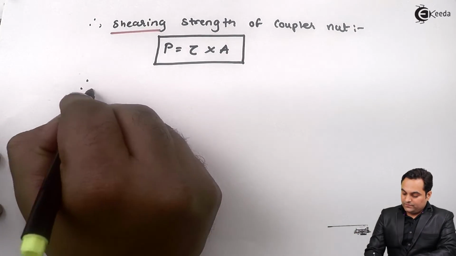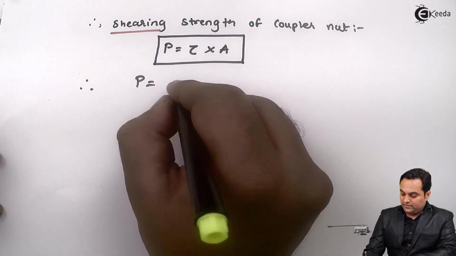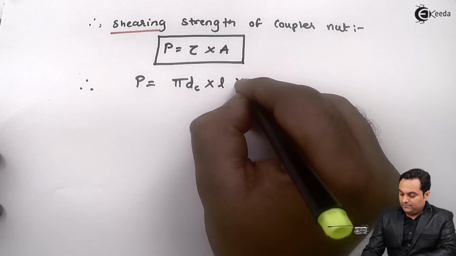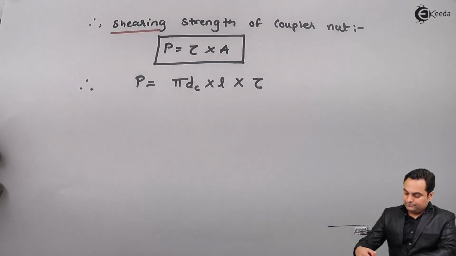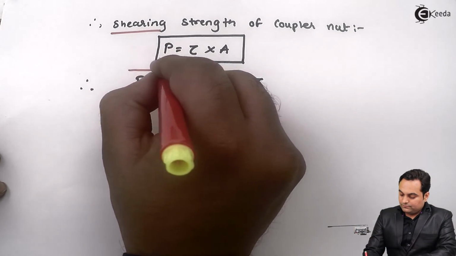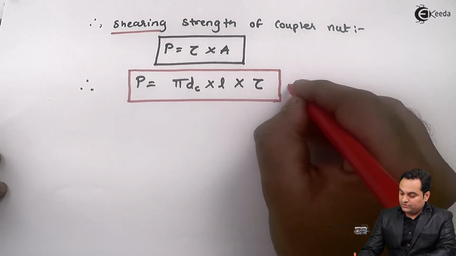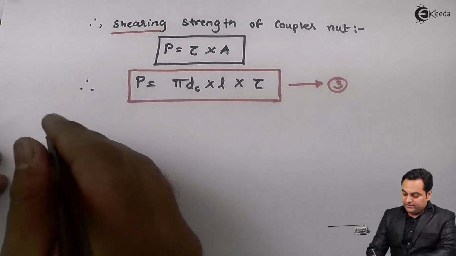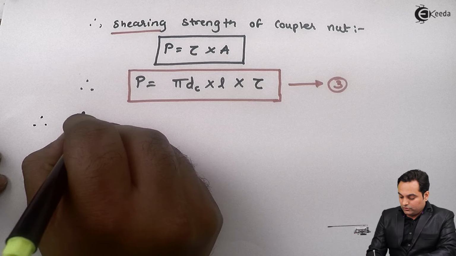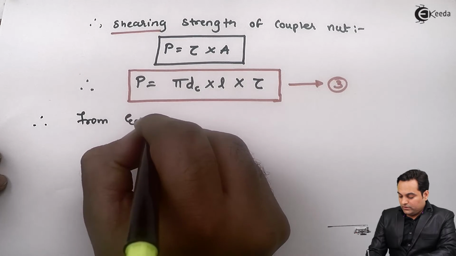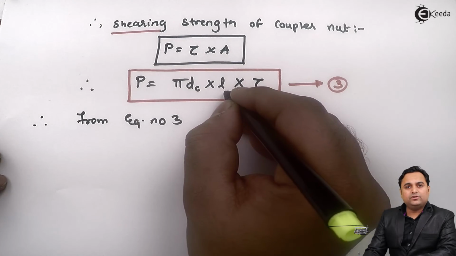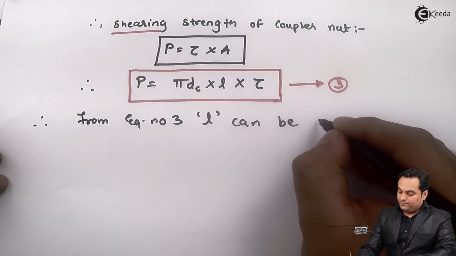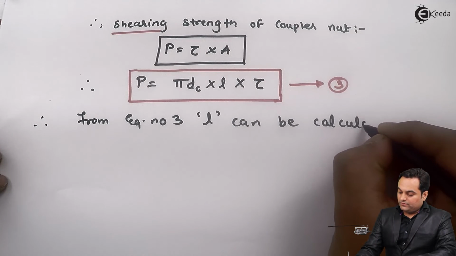So hence the shearing strength becomes pi DC into L multiplied by shear stress. So this is equation number 3, and I can say that therefore from equation number 3, this length of the coupler nut, which is small l, can be calculated.